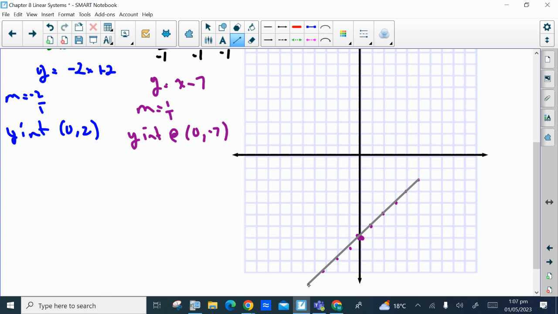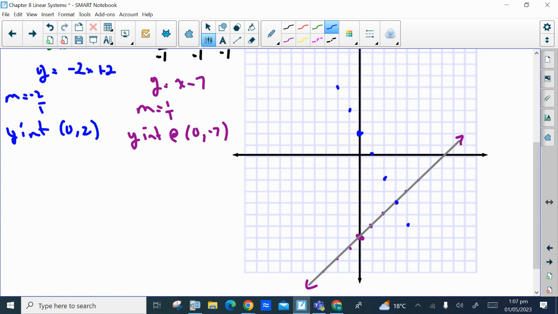So here's our line, looking something like that. And again, we put arrows on the ends. Our first line has a y-intercept of 0, positive 2, and a slope of negative 2 over 1. So you're going to rise negative 2 and run 1. You could also rise positive 2 and run negative 1 if you wanted to.